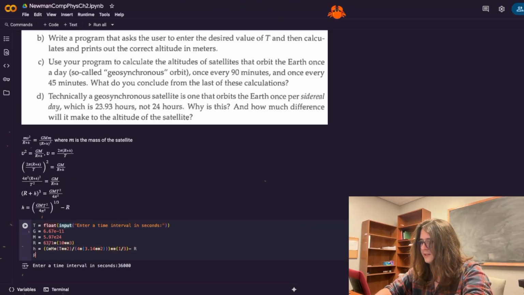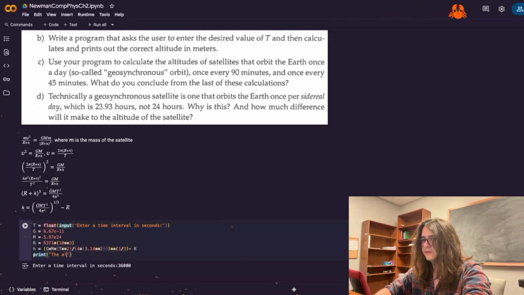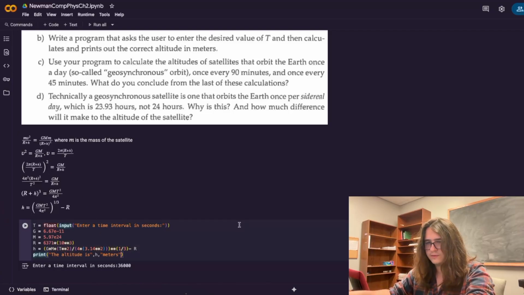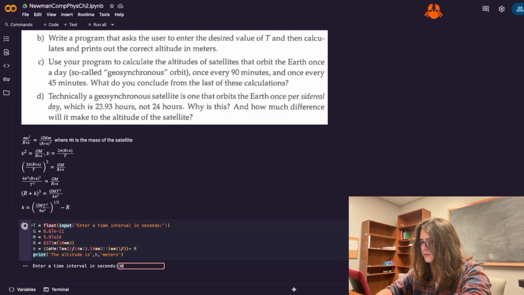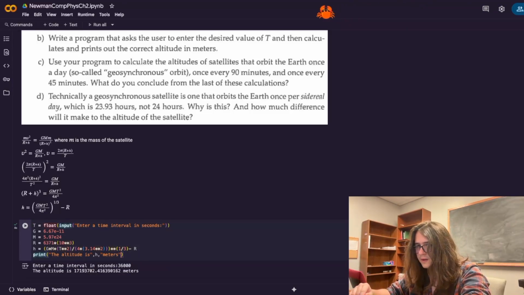Of course, I need to have it print the altitude is, and then h, and then meters, right? That should be fine now. Let's give it another run. Let's do 36,000 seconds, and it gives us an amount of meters.